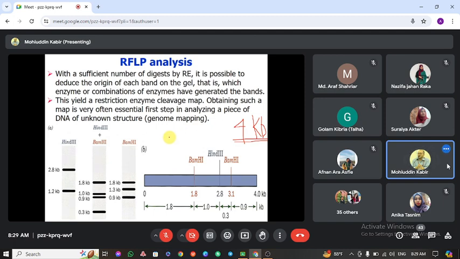So let's say this DNA is digested first with EcoRI. After digestion, we run the gel electrophoresis and we find that there is only one band. Only one band. That means there is no EcoRI site.